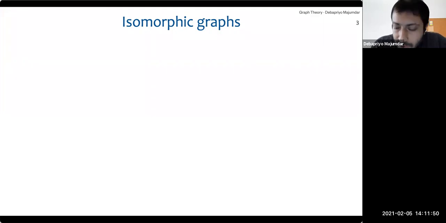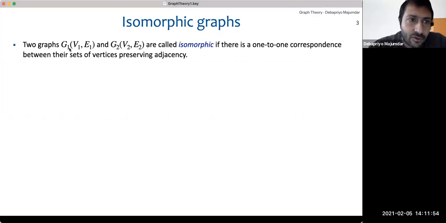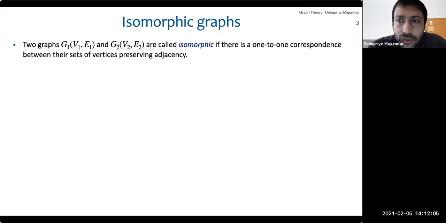So two graphs, let's call one of them G1 with V1 and E1 as vertices and edges, and G2 with V2 and E2 as vertices and edges, are called isomorphic if there is a one-to-one correspondence between their sets of vertices, preserving adjacency.